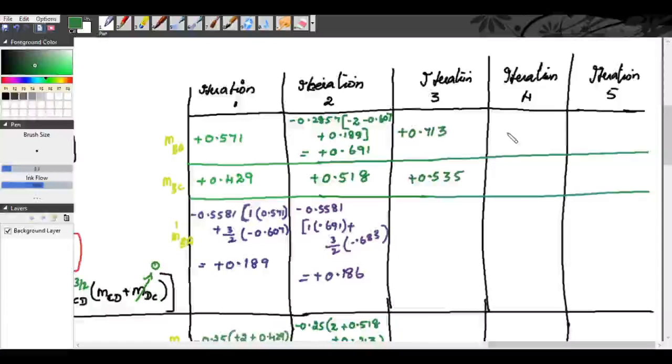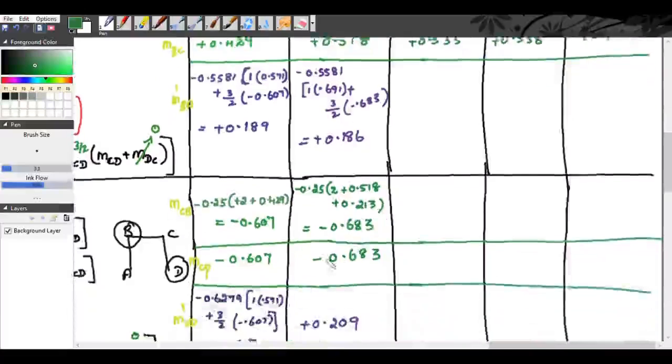Iteration 4, MBA is equal to plus 0.717, MBC is equal to plus 0.538. For the fifth iteration, MBA is equal to plus 0.718 and MBC is equal to plus 0.538.